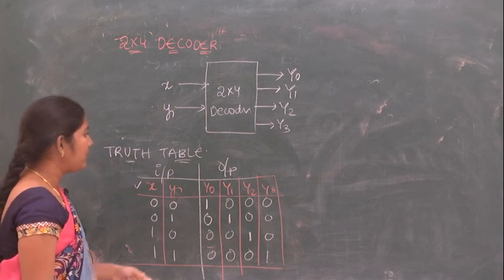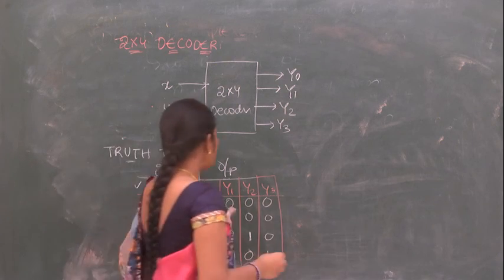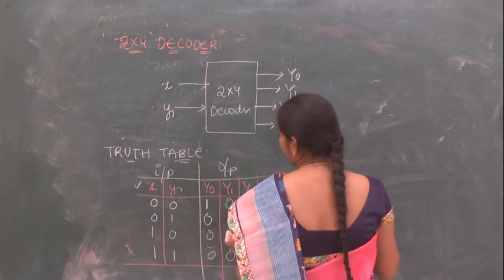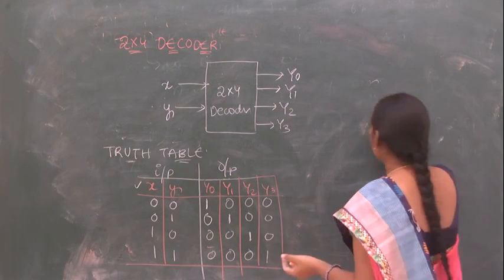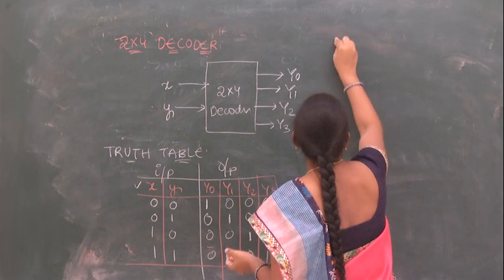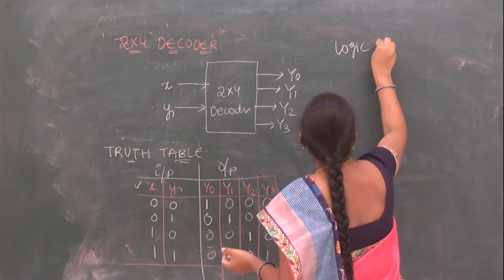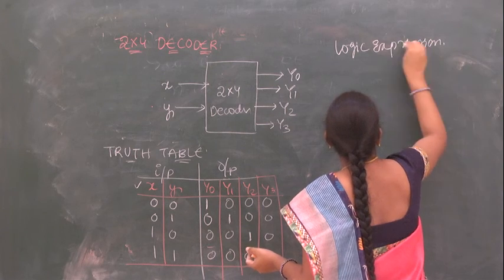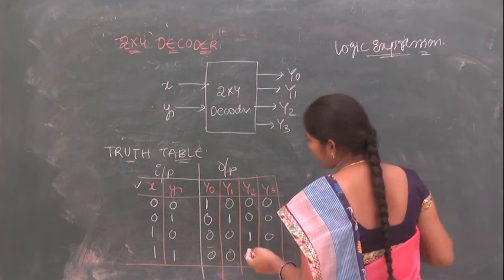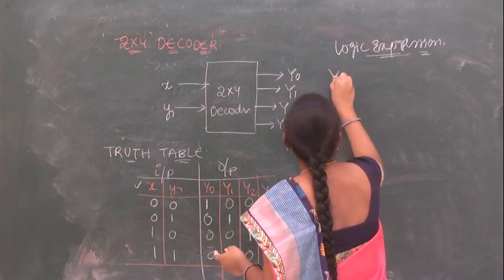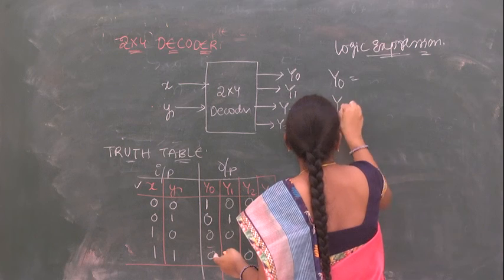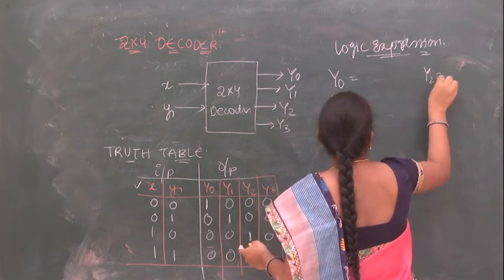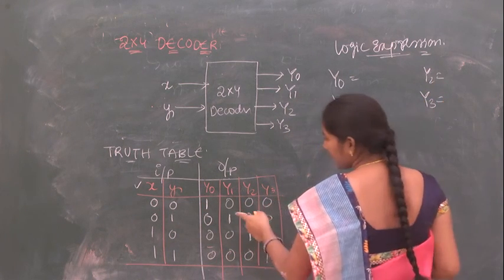So now we know the expression for each output. Once we find the truth table, we can find the expressions. Here we have 4 outputs: y0, y1, y2 and y3.